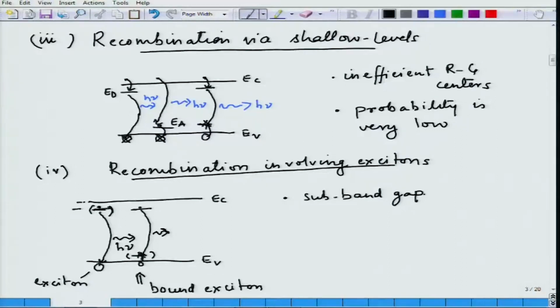And normally these processes through exciton formation are important. These are the dominant processes at low temperature, not at room temperature.